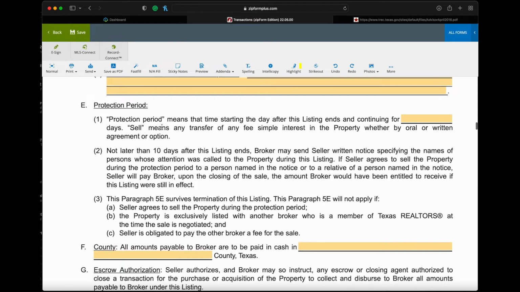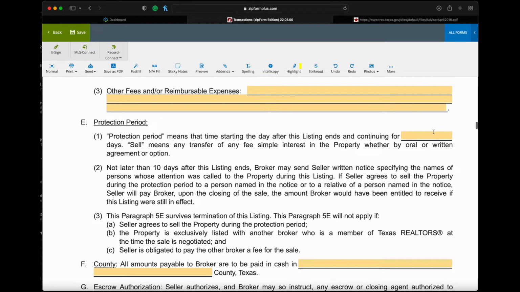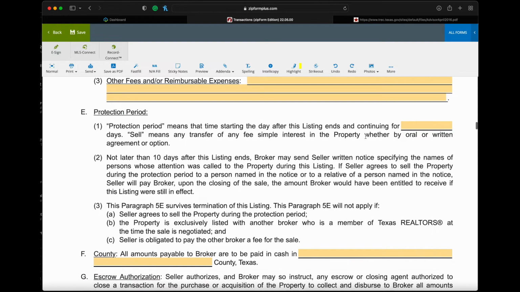Protection period. The protection period starts on the day the listing ends and continues for a term you put here. Let's say you have a listing for 6 months. Years ago, listings would stay on the market for about 6 months because we had so many of them. A lot of sellers would negotiate behind your back with other buyers interested in the house, wait for the listing agreement to expire, and then sell it from underneath you right after expiration.